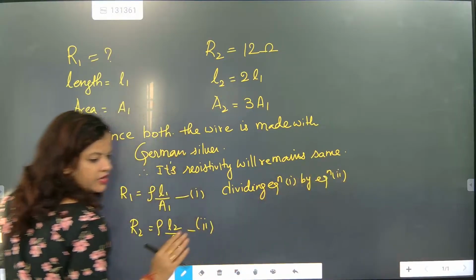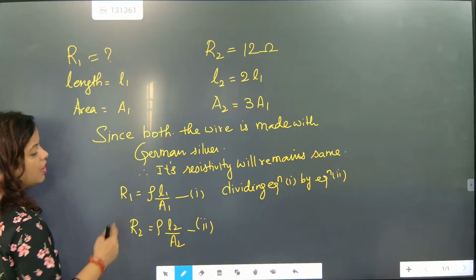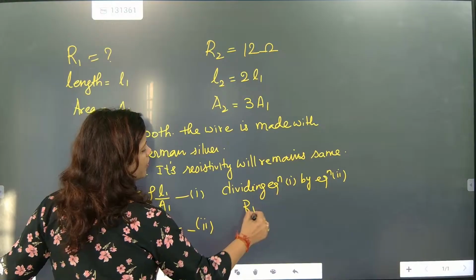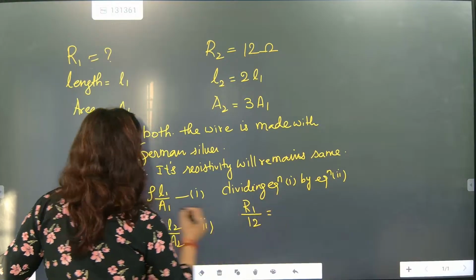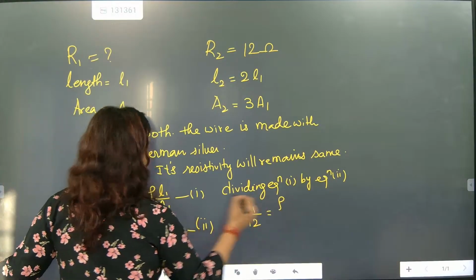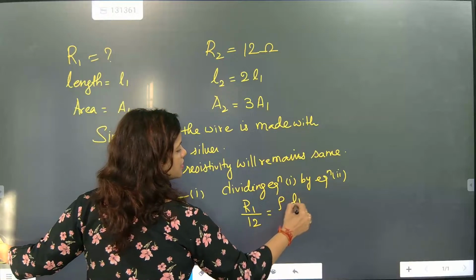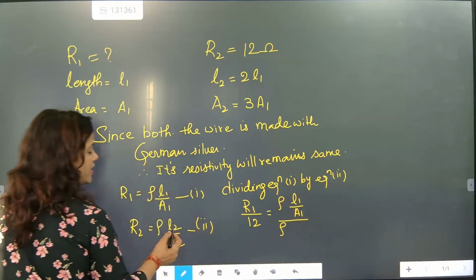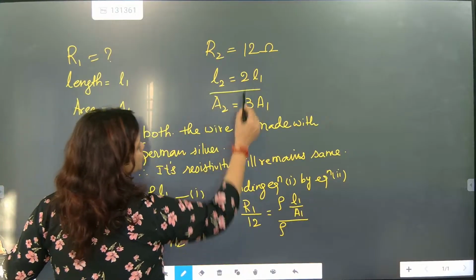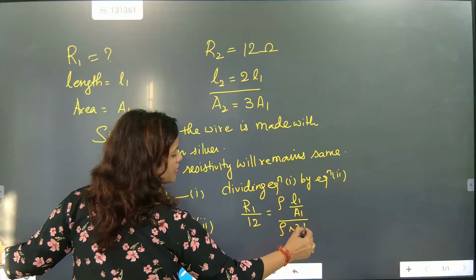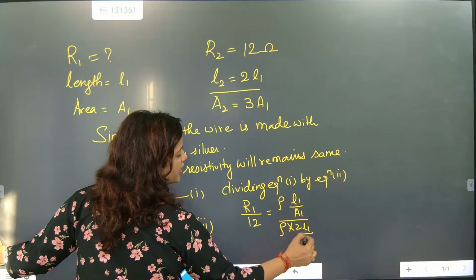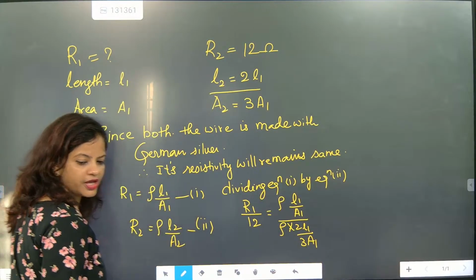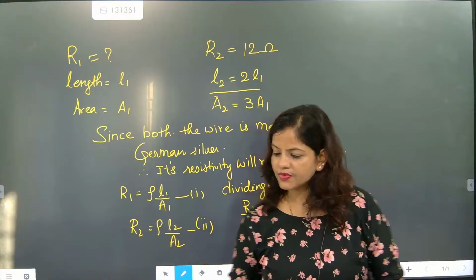R1 is unknown, but R2 is 12. Rho remains the same, but L2 is 2 times L1 and A2 is 3 times A1, correct?